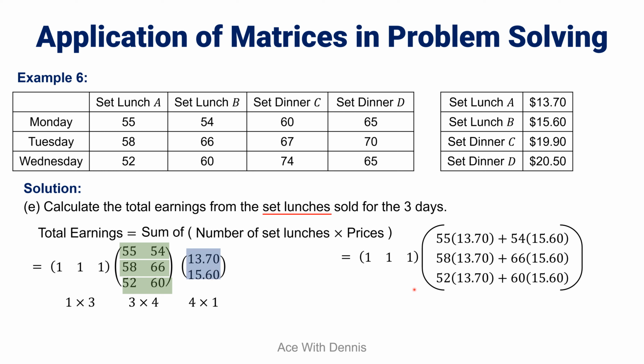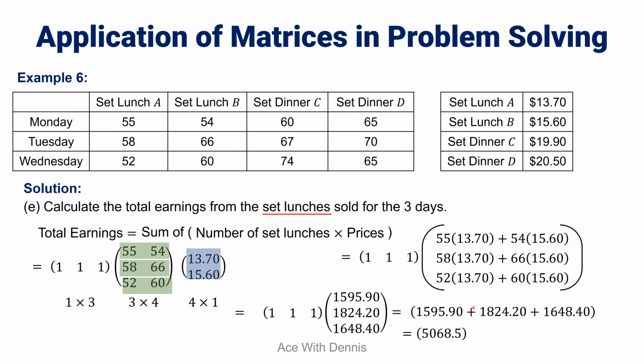Alright, we'll have 52 times 13.7 plus 60 times 15.6. Now we calculate everything here. We'll have 1595.9, 1824.2, 1648.4. And in front, we multiply this matrix 1, 1, 1, which means we'll add all the elements here together.